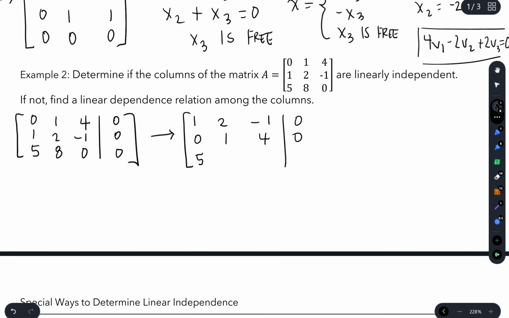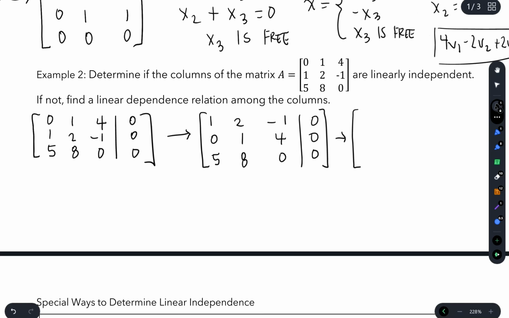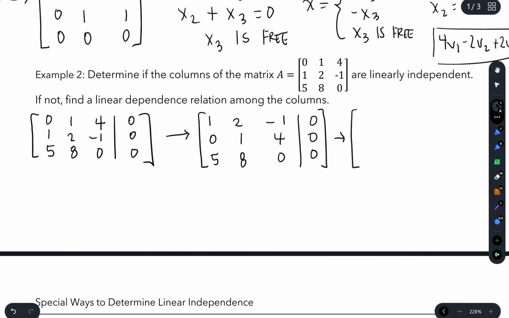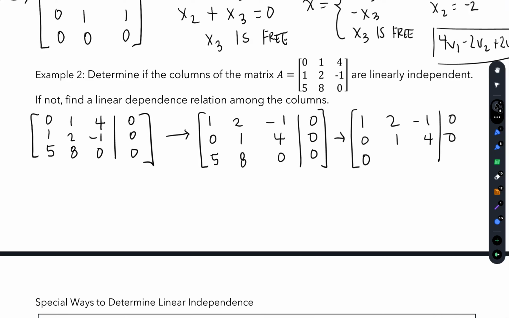So before I get started, all right, then multiply 5 times row 1. So that's 0, 5, 10, -2, 5.